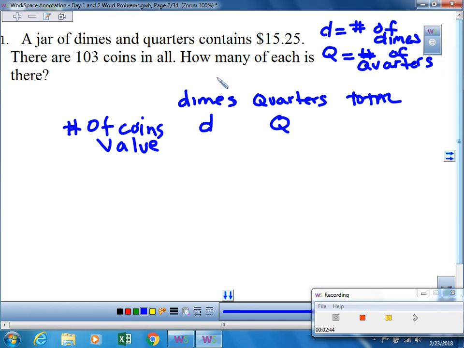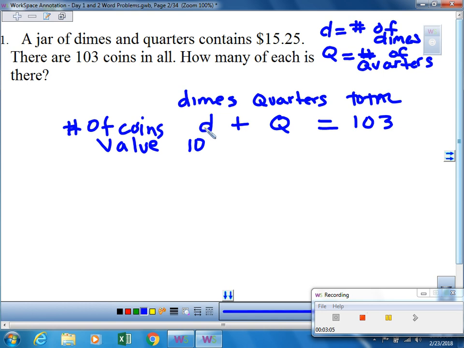I told you you don't have to write down the word problem. If I add these up, what is my total number of coins? 103. Now, we're going to do the value. I know the value of the dime is 10 cents.